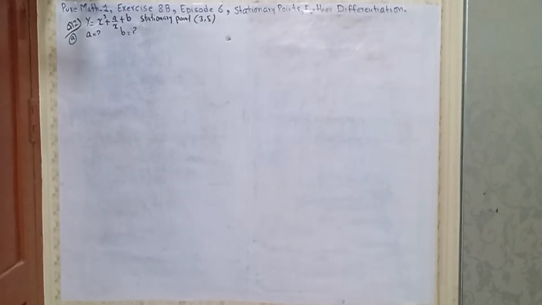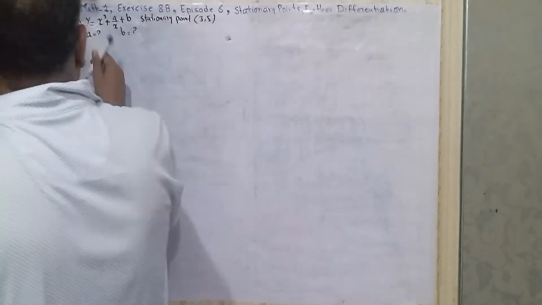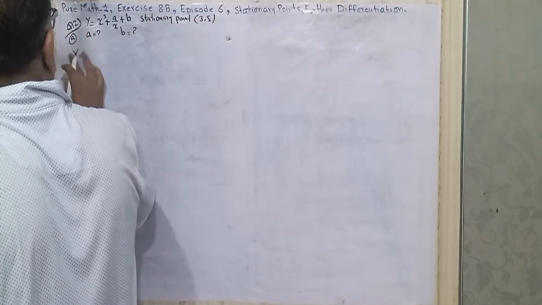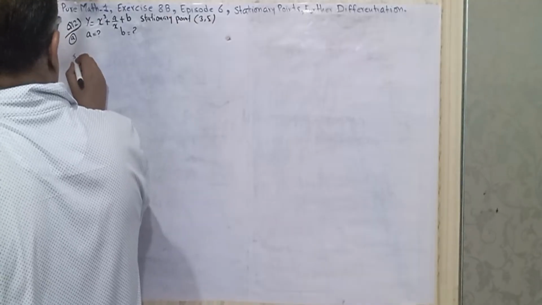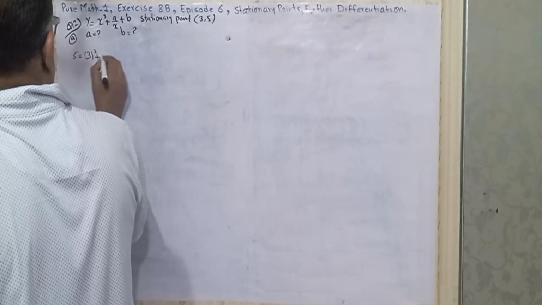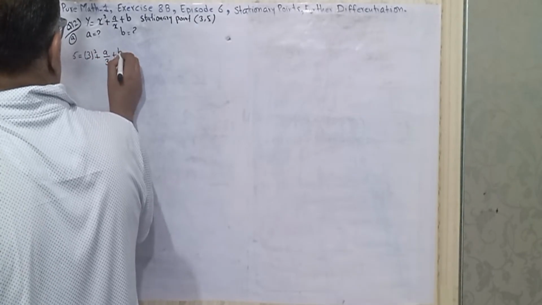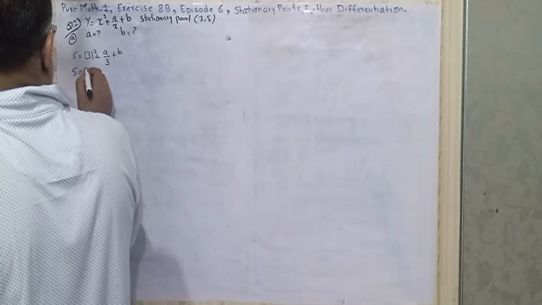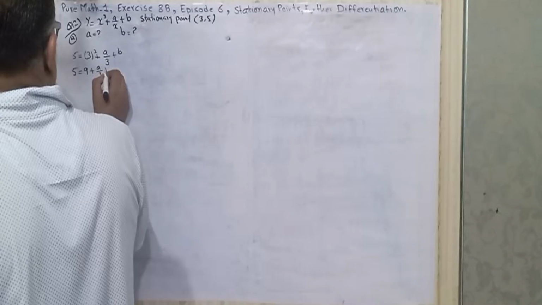Because this point is on that curve, in the equation of the curve, in place of x and y, I can put 3 and 5. So in place of y I put 5, and in place of x I put 3. So it will be 5 equals 9 plus a by 3 plus b.